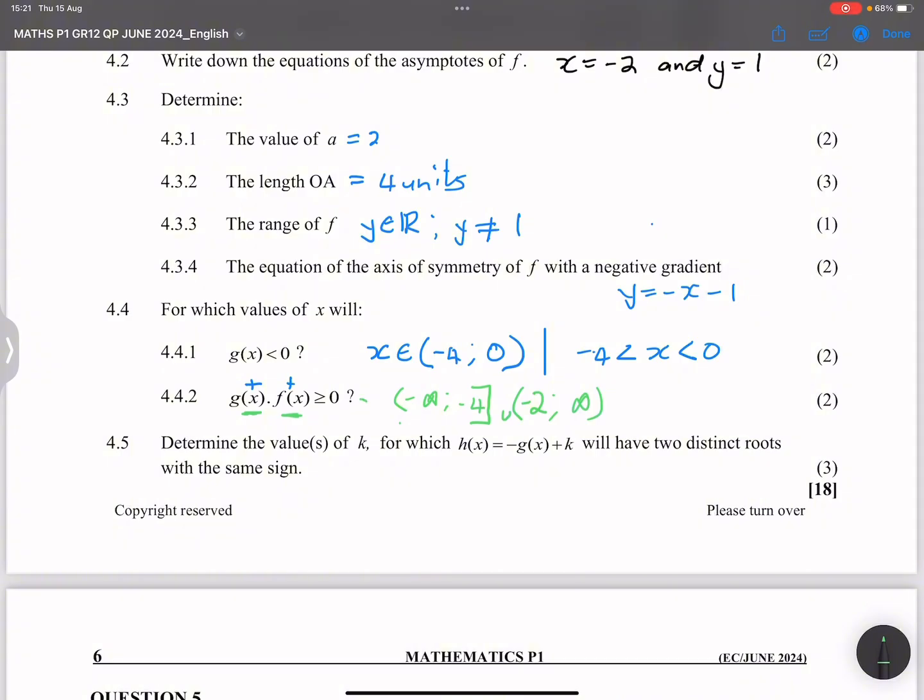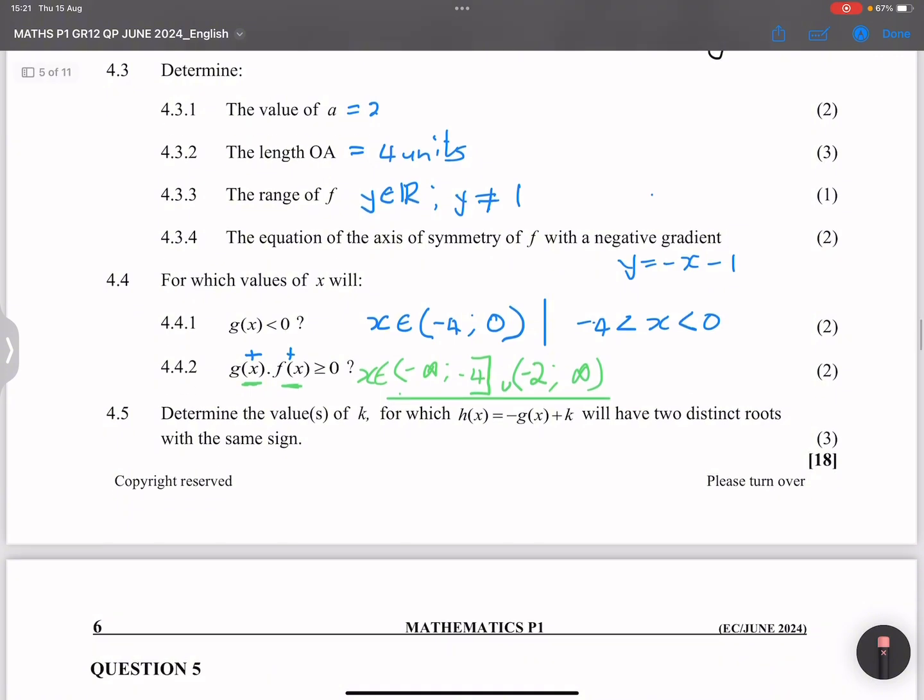So we can say x is an element of this interval over here, or if you want to put it in inequality form, x must be less than negative 4, but x must be greater than negative 2. Okay, so those are the values that we've got there.